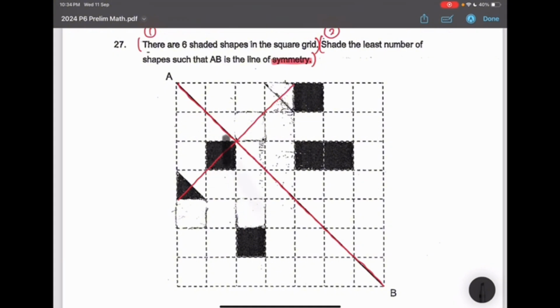I have a black square over here at the beginning of my line, but over here I have nothing. So I want to replicate that on both sides of the line. If I have one over here, I'm going to put one over there. Next, I can see at the end of my red line, I have a shaded triangle, right? But I am missing one over here. So I am going to add that in as well.